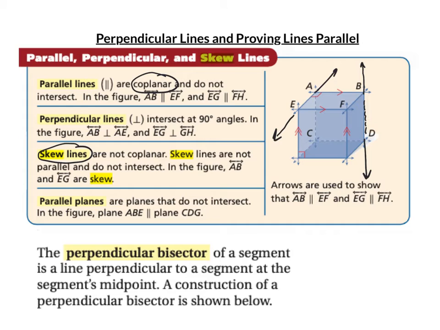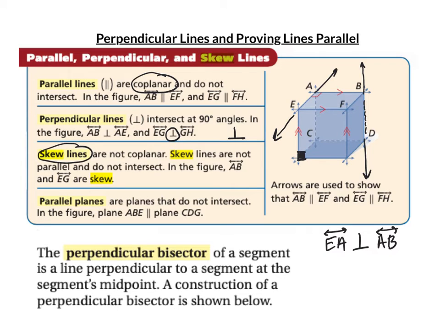Perpendicular lines are lines that meet at a right angle, and the way we show that is a little box in the corner. That means there's a 90-degree angle. The symbol for perpendicular is an upside-down T shape. So in this picture, I could say that EA is perpendicular to AB because they meet at a right angle.